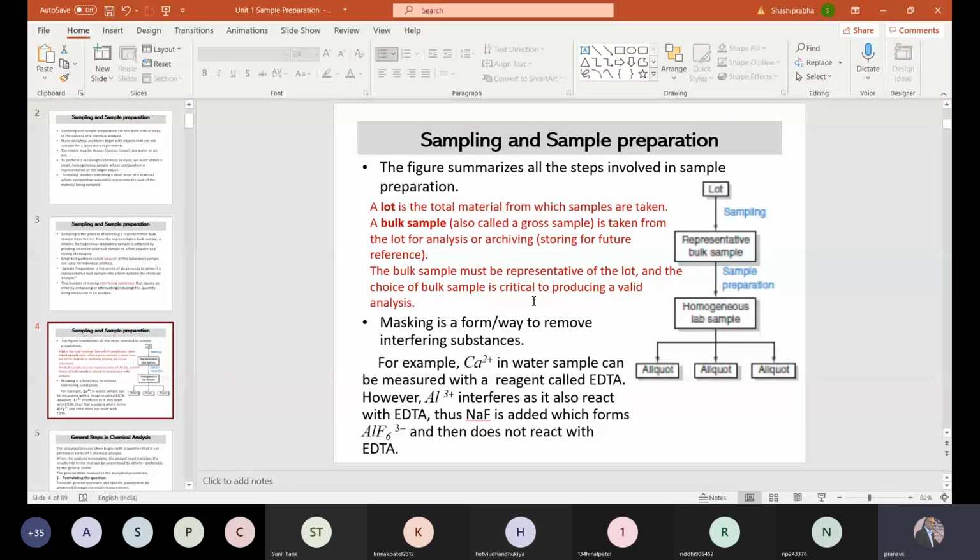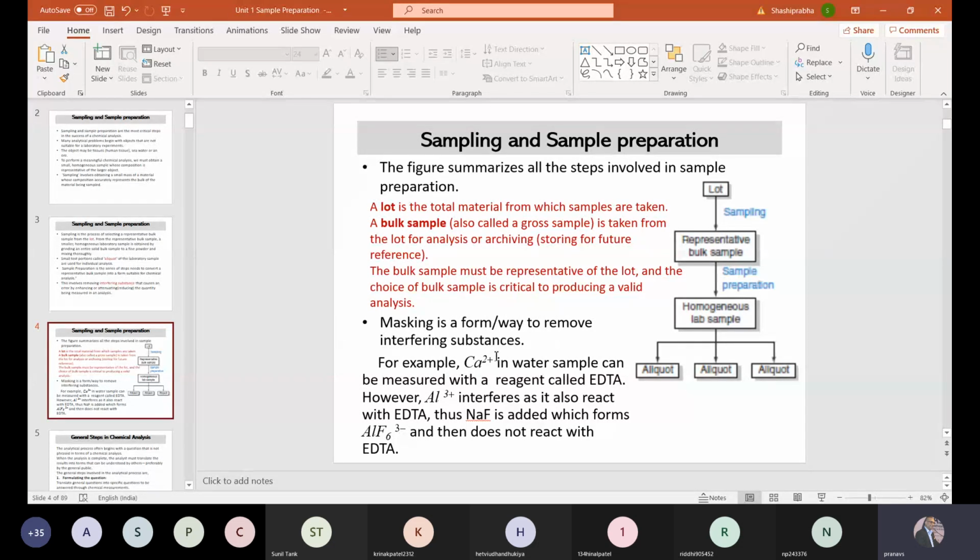But the main concern here, in this entire process, once we have done an efficient sampling, the problem during sample preparation is, as it is mentioned here, that we need to remove or mask the interference of any substance other than the analyte of interest.